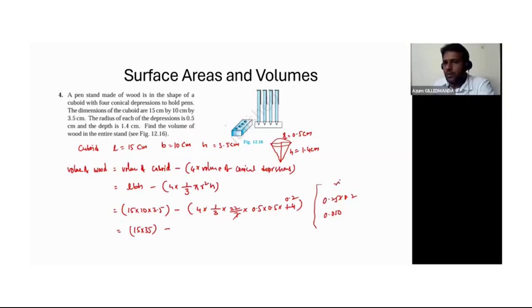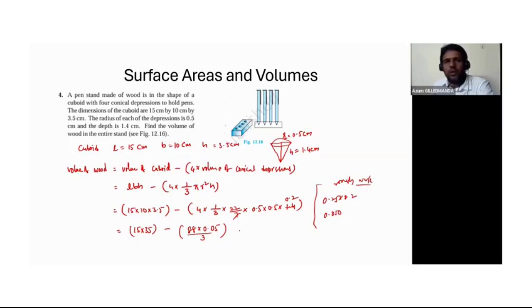This is rough. So this is 0.05, and this is 88. So 88 into 0.05 by 3, and that's all that's left. So if you simplify this, you will get the volume of the wood.